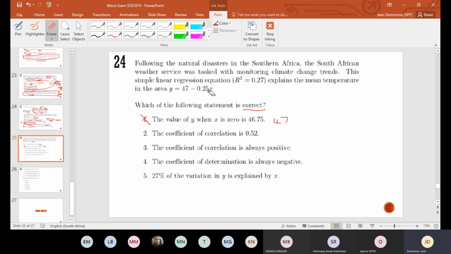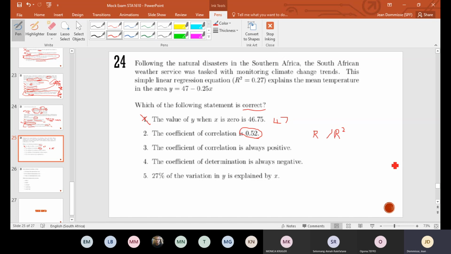Okay, so let's look at the next one. The coefficient of correlation is 0.52. So what is your coefficient of correlation here? How do you work out the 0.52 to see if that is correct? What is R and what is R squared?